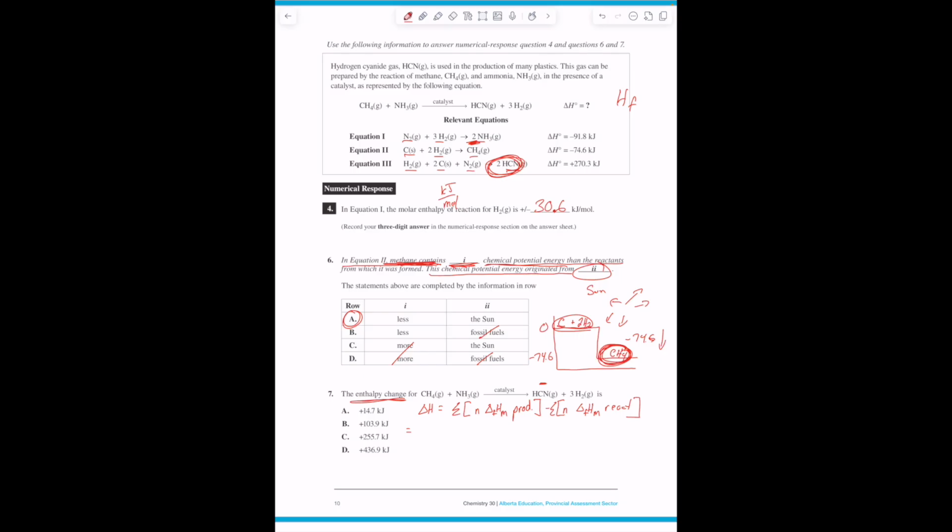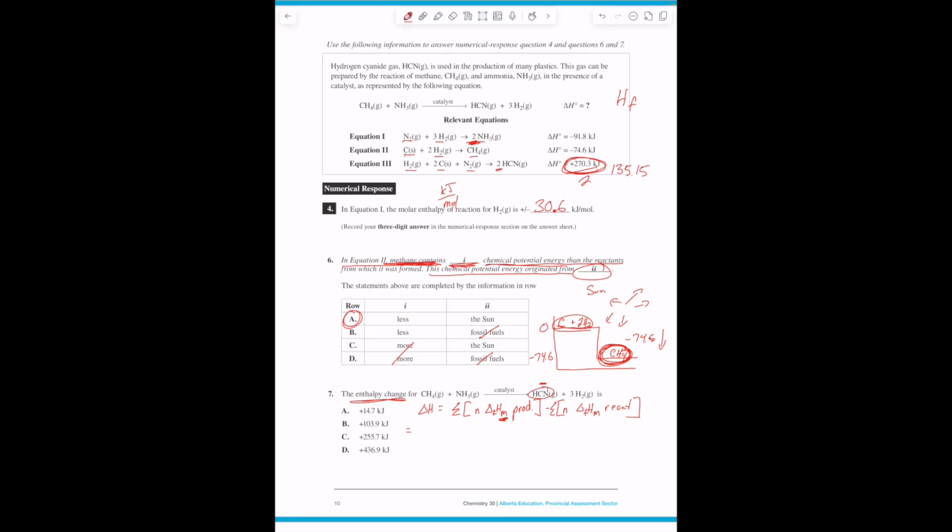HCN's number is 270.3, but that is for 2. So I'm going to divide that by 2, and I get 135.15. Okay, it asks for molar, right?